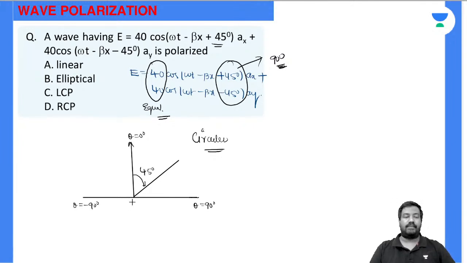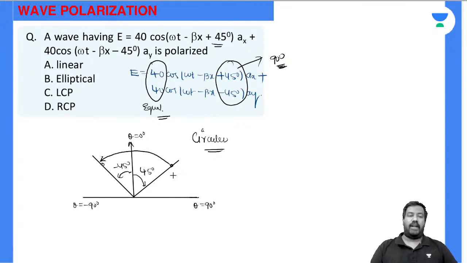The second, minus 45, somewhere here. Now it is moving from the first component to the second component, plus 45 to minus 45. Now you tell me, clockwise or anti-clock?